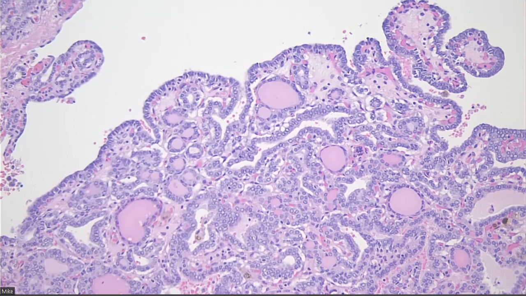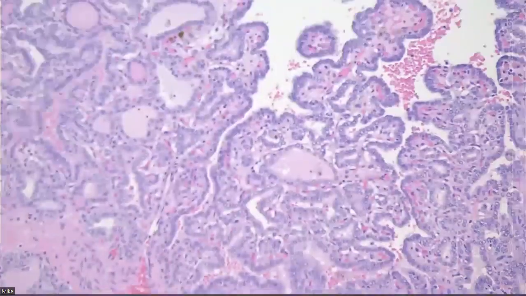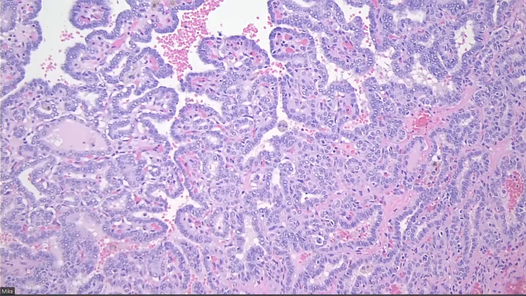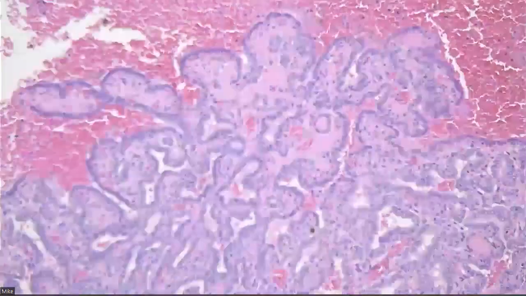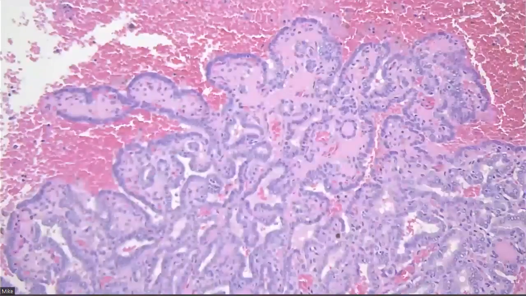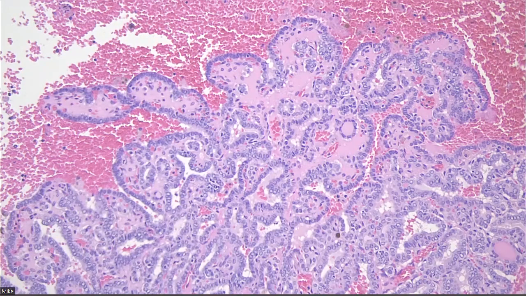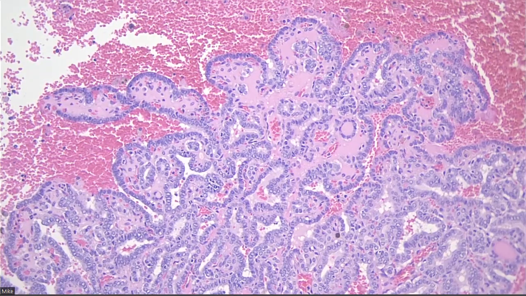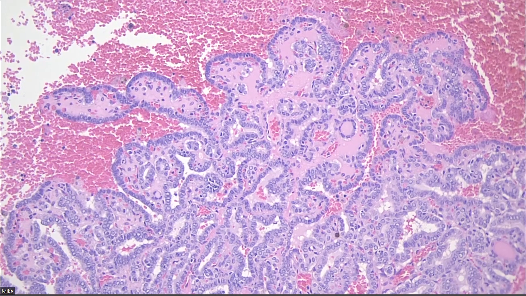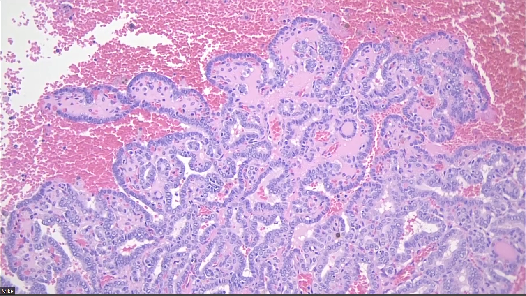And I've seen cases like this where the papillae aren't tight, they're not branching, and they have these follicles or this extensive hyalinized stroma in their cores rather than just one narrow little vessel and done. And I've seen tumors with this morphology that have RAS mutations and that are completely non-invasive, and I would not regard those as PTCs at all. And so it's the morphology of the papillae that is, to me, confusing. And it's in cases like this where I'm like, I don't know, because it could go either way.